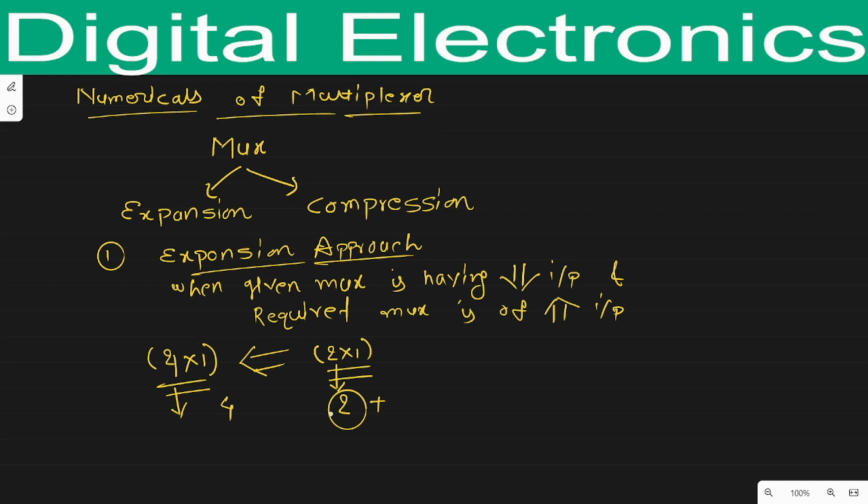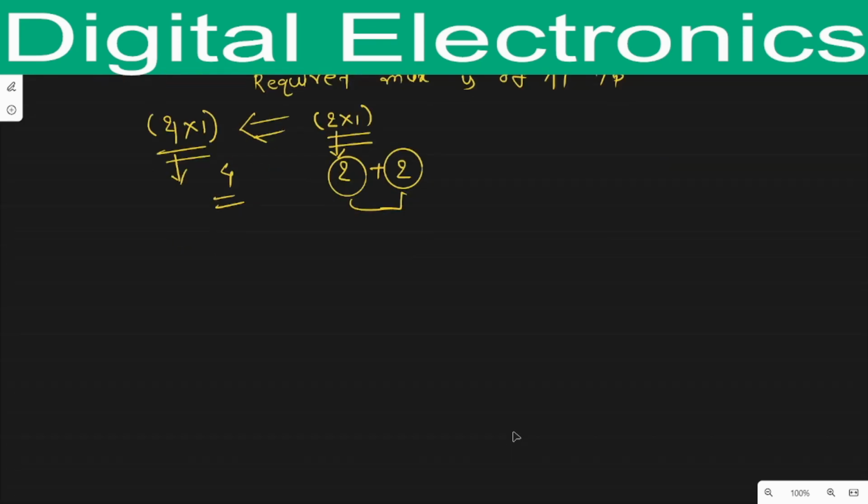When we add 2 two times, we will get 4. It means that we need two 2x1 mux for the designing of 4x1 mux. Is it clear to all of you?